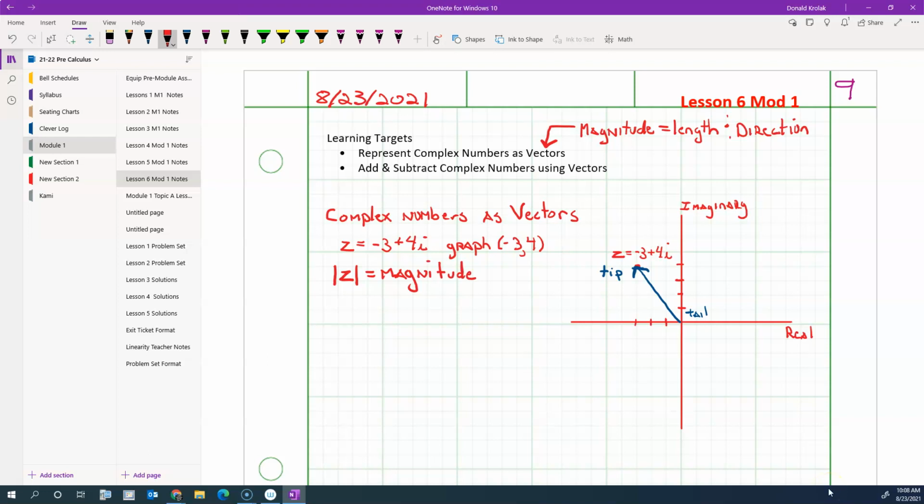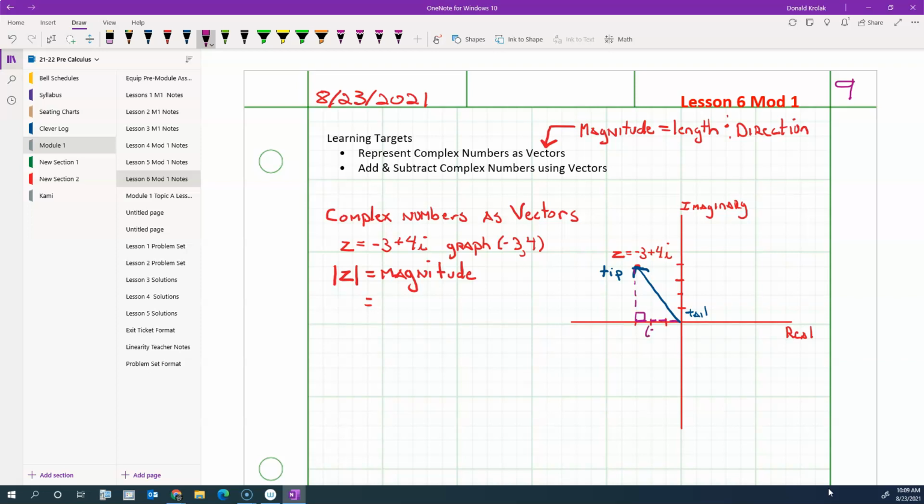All right, so how long is that vector? Yeah, 5. Okay, and how do you get 5? If you do the distance up and the distance across, and the distance across is 3 and the distance up is 4.